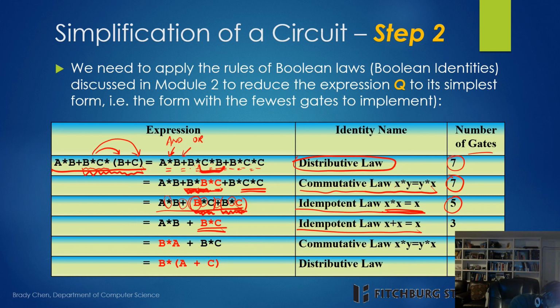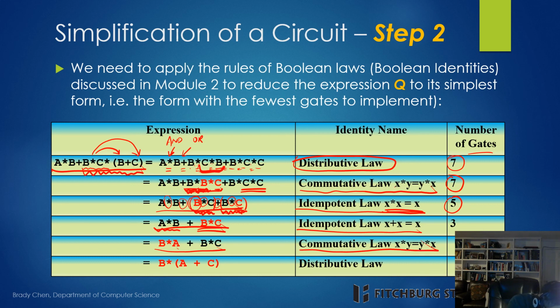So looks like we basically simplified the Boolean expression. Now we can actually do it further. Okay. So we use the commutative law again to switch the order between A and B, right? So now we can have B times A, which is the same as A times B, plus B times C. Okay, that's using the commutative law again.